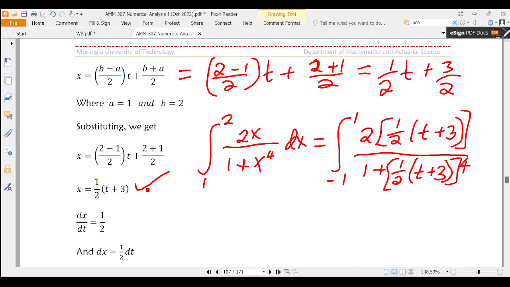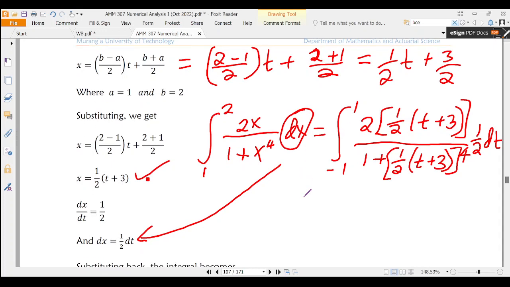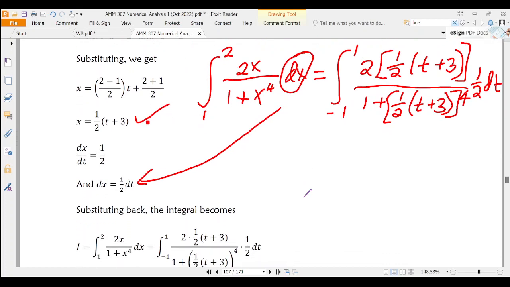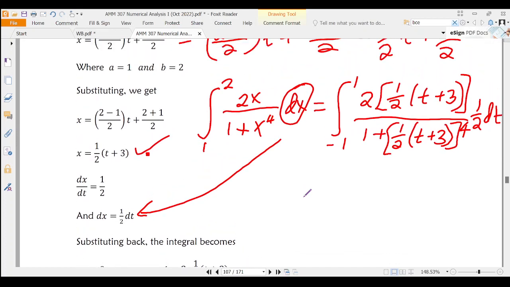And we also have dx in our integral here, and dx is expressed as a half dt. So we shall write here a half times dt. We don't necessarily need to simplify. We can just write this one. We see the numerator.